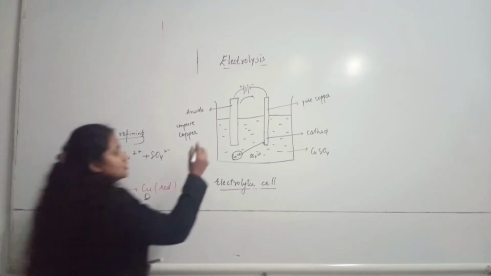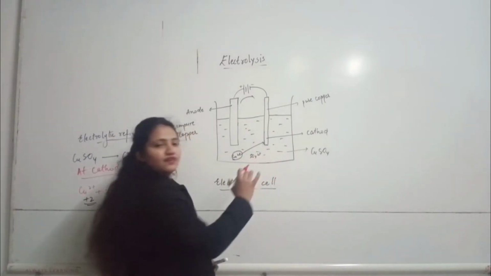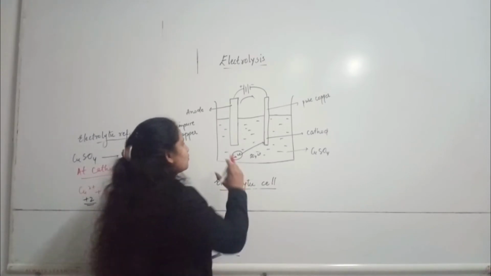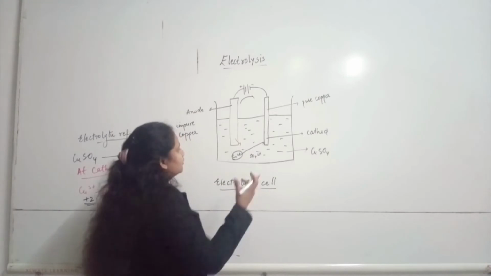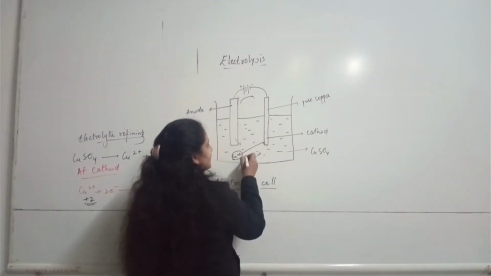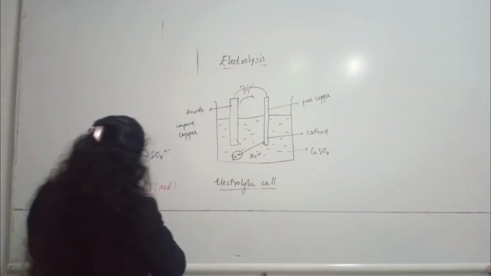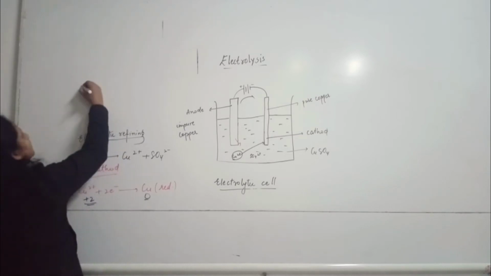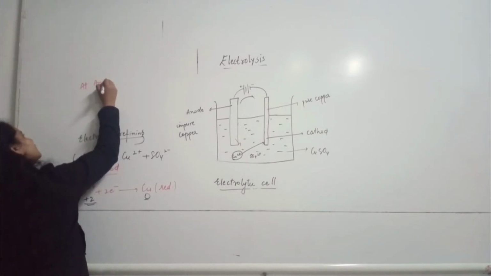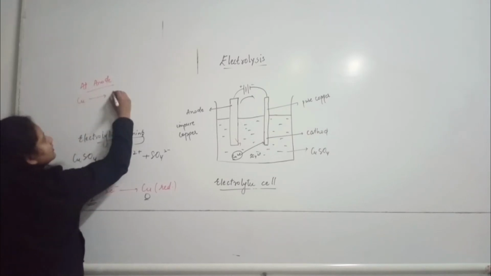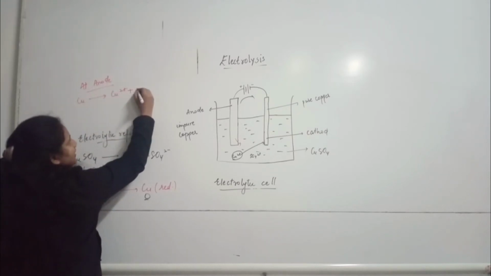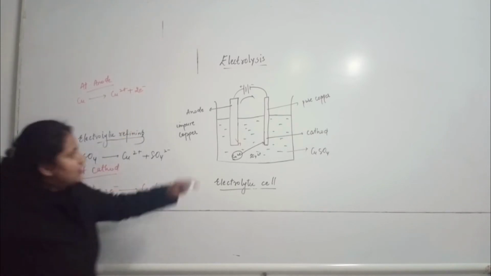Whereas, to stabilize the number of ions in the electrolyte, the anode will release copper ions. So at the anode, copper releases copper 2+ ions and 2 electrons.